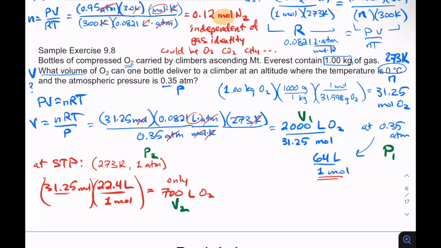P1 is 0.35 atmosphere times 2,000 liters. Is that equal to 1 atmosphere and 700 liters? Somebody whip a calculator out. It is. Yes. And it should be, because all I'm showing you in this example is this relationship. Now we're just focusing on pressure and volume.